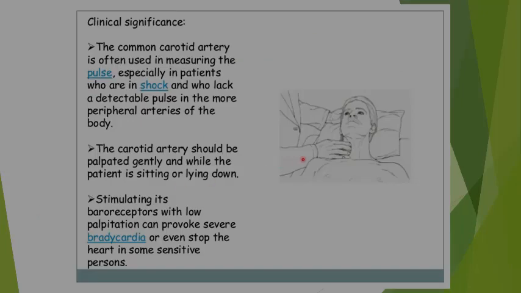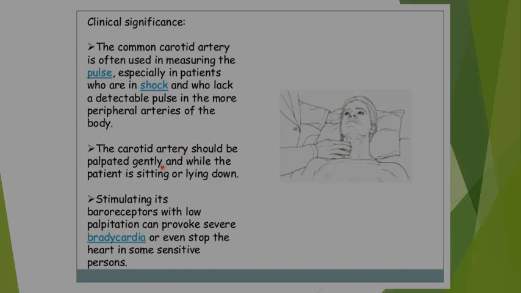Now, what is the clinical significance of the carotid arteries? The common carotid artery is often used in measuring the pulse. When people collapse suddenly, the first pulse we check is the carotid pulse, especially in patients who are in shock and who lack a detectable pulse in the more peripheral arteries of the body.